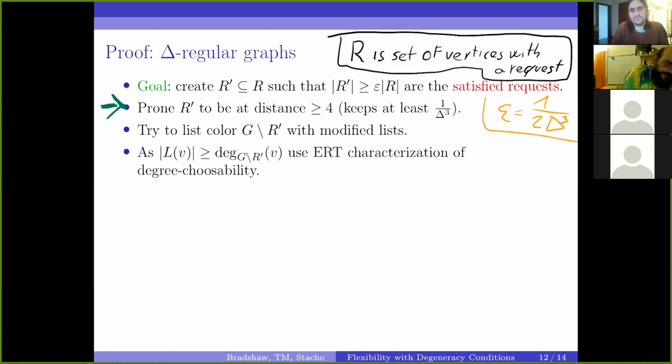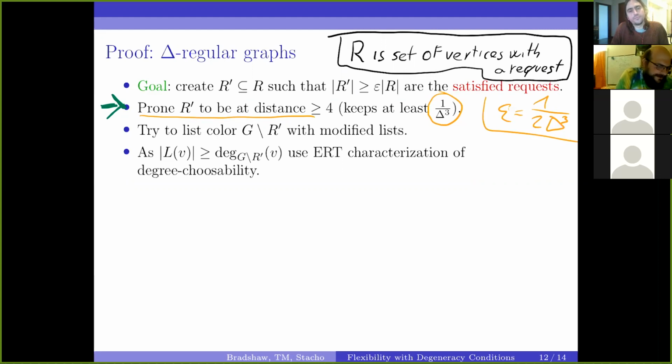So at the beginning, we will modify R to R prime in the first step. This is on this slide, and later on, we will modify it again, and that will be the final R prime. So first, we will take vertices in distance at least 4, which discards quite a lot, but it keeps 1 over delta cubed of the original R in R prime.